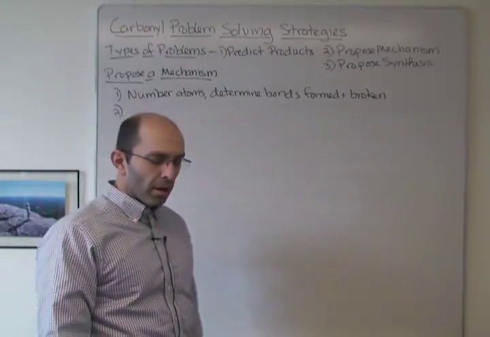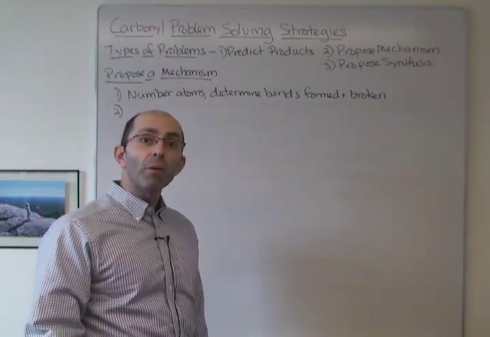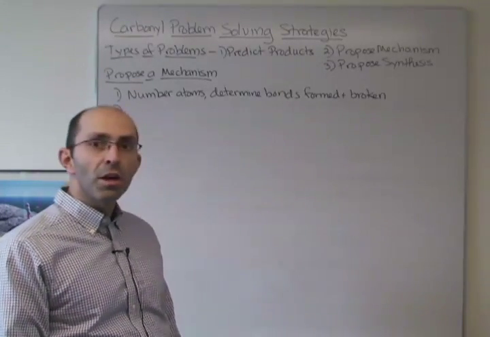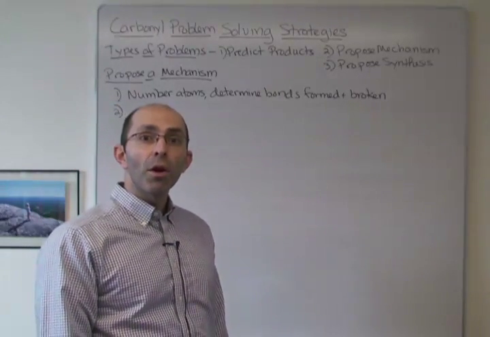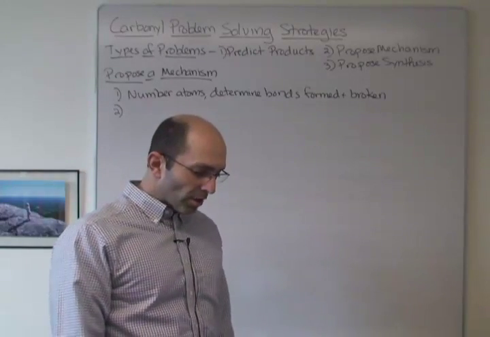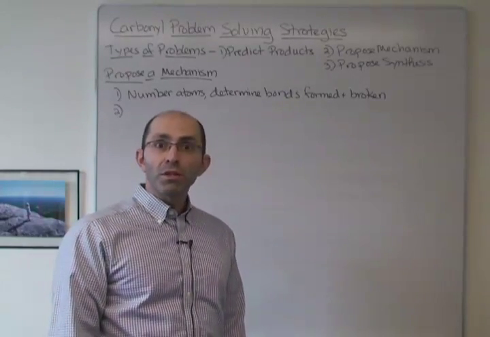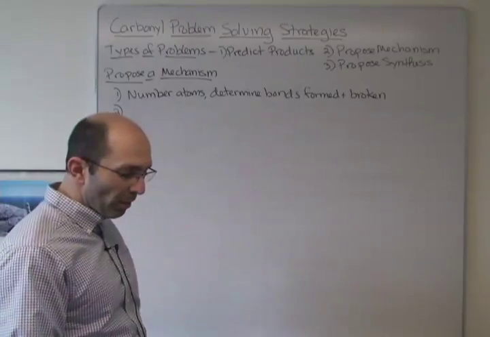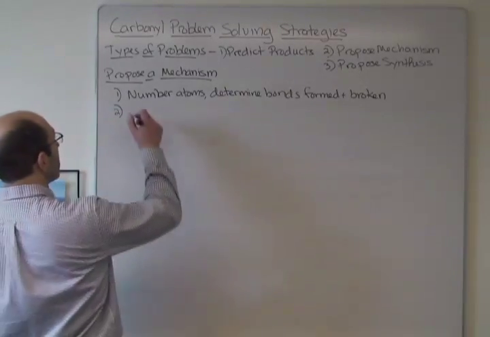Number two, as always, think about what's going on, all right? Think acid-base, electron-rich, electron-poor, good leaving group, octet rules, all of those things. Make sure you're thinking about that when you're working through the problem, right?